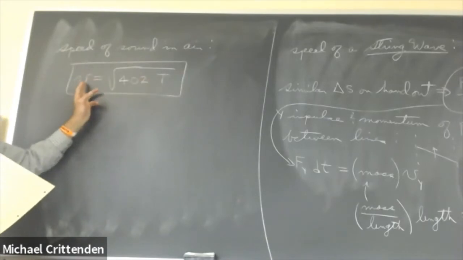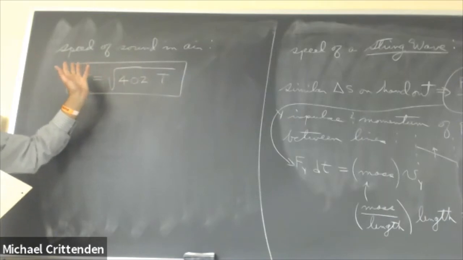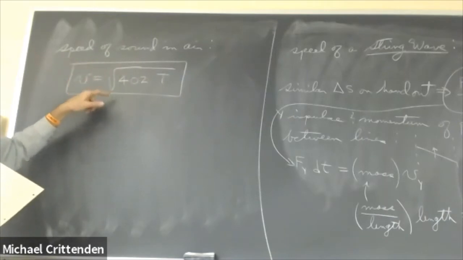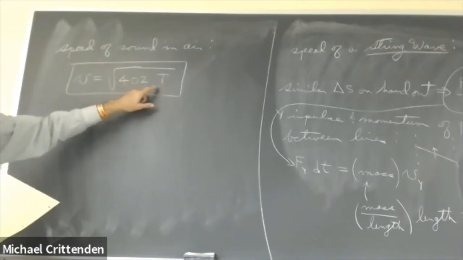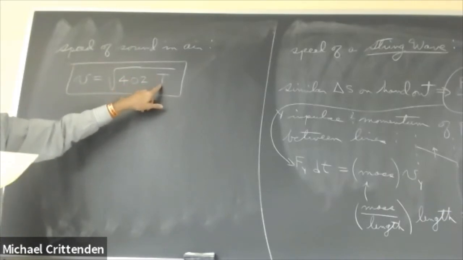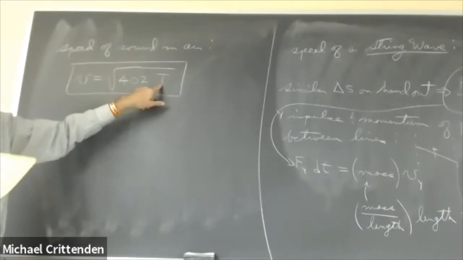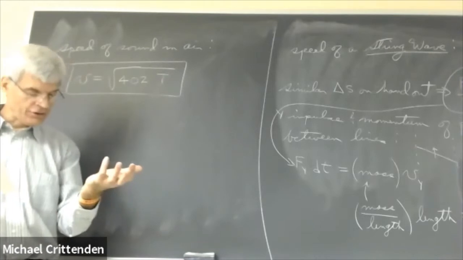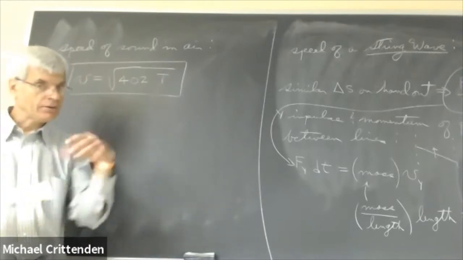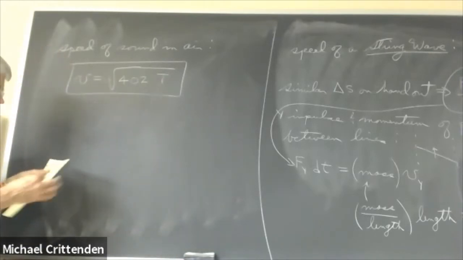This is assuming that this is going to be in meters per second. Of course, it'd be an entirely different number if you're doing feet per second or miles per hour or something. But 402 times the absolute temperature. You want Kelvin, not Celsius. You have to count all the thermal energy that's there, not just the part that's above the freezing point of water.